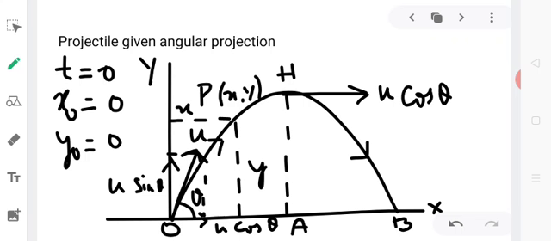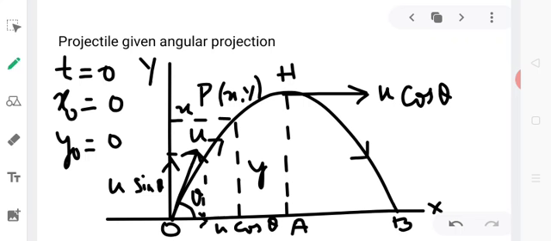Resolving velocity u into two rectangular components, we get u cos theta, as you can see in the diagram, u cos theta along OX and u sin theta along OY. As these two components velocities act at right angles to each other, therefore they are independent of each other.